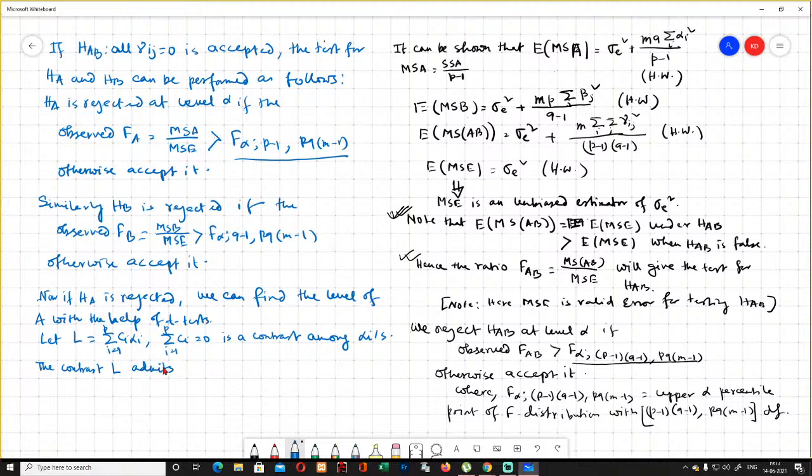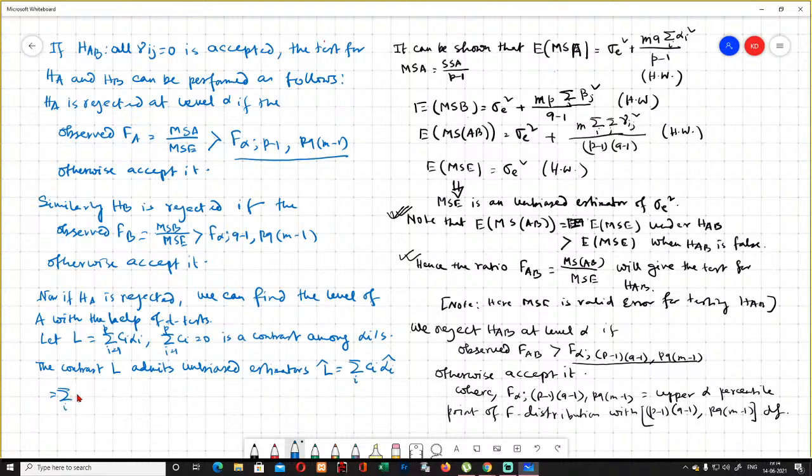The contrast L admits unbiased estimators L hat, which is the sum over c_i alpha_i hat, and we know alpha_i hat is y_i0 bar minus y_00 bar.